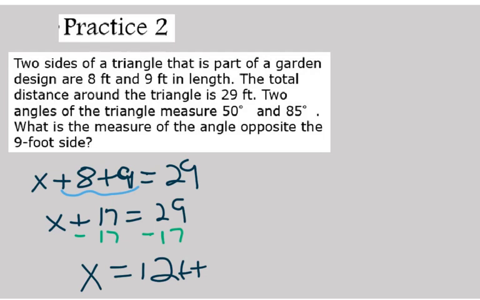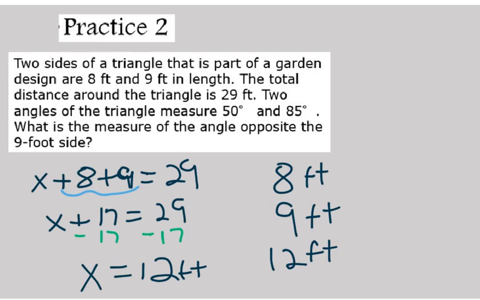Okay, so we could draw our triangle if we wanted to, or we understand that we have three different side lengths of this triangle. We have 8 feet, and we have 9 feet, and we have a 12-foot side length.